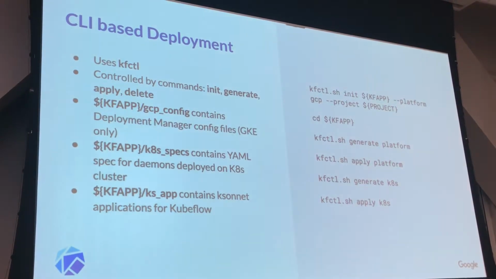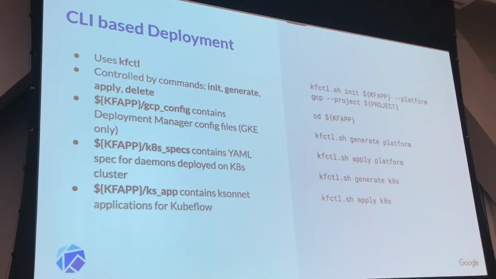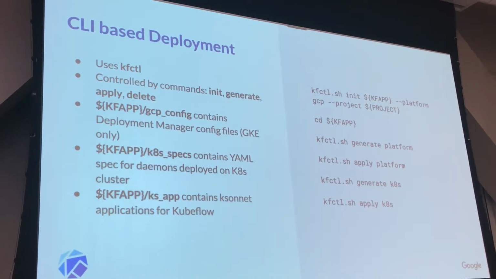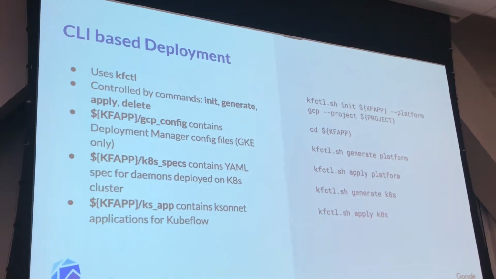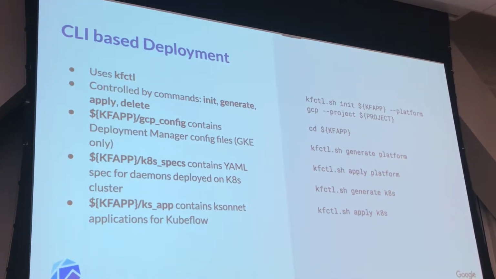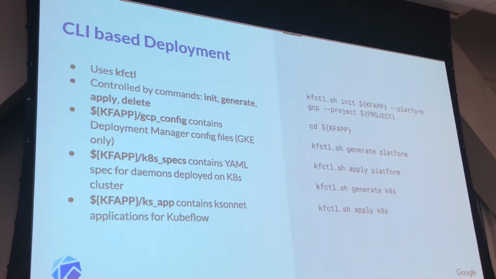The next step is generating the platform, and what that generate does is it generates a lot of configuration about what your GKE configuration is going to look like. The benefit of this is that the generated configuration is available locally from where you are doing the deployment, and you have access to it. You can go look in there, browse around, and tweak a lot of stuff.